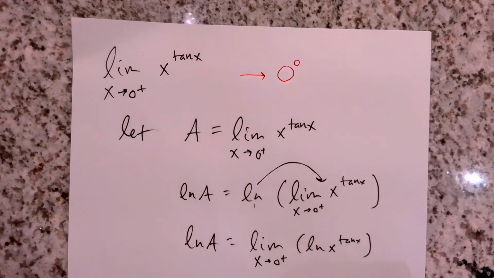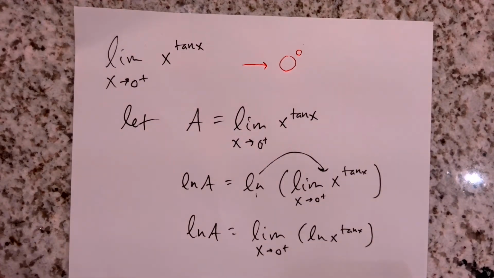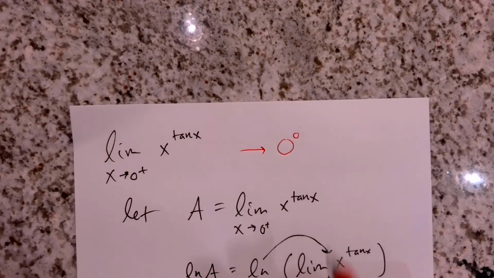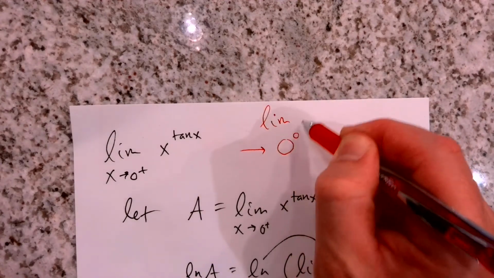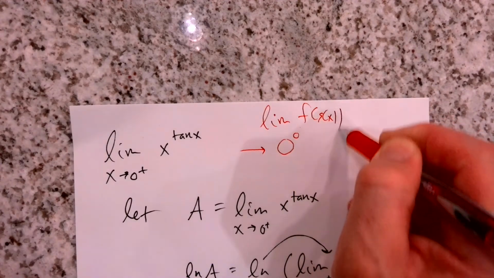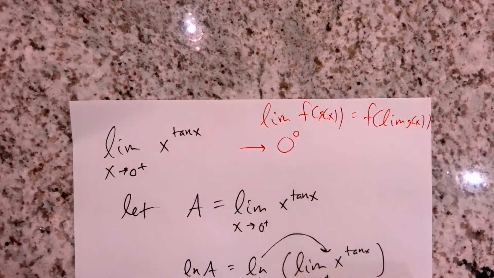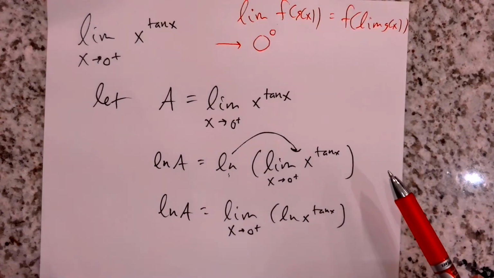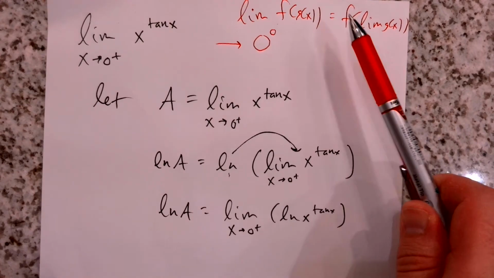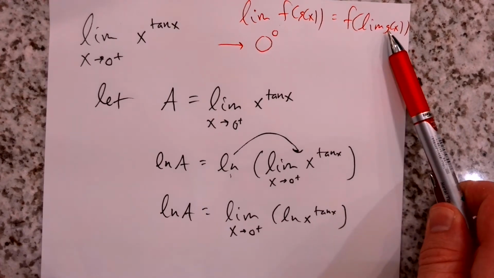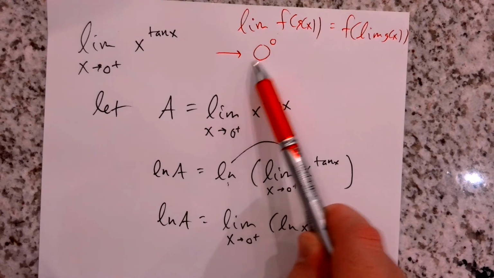If this seems a bit confusing, just go back to that day 1 lecture, look at the handout I gave you for properties of limits, and one of the last ones on there, the substitution law, says something along the lines of this. If you have the limit of f of g of x, it's the same as f of the limit of g of x. We're just doing that in reverse here. We have the log of a limit, so that is the same as the limit of log of the function.